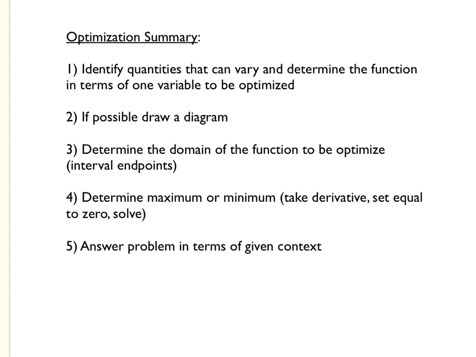So just to summarize our process here, what we want to do when we're dealing with these kind of problems is firstly identify quantities that can vary and determine the function in terms of one variable to be optimized. So we'll usually have more than one variable, but we want to say everything in terms of one variable, so you want to substitute as much as you can.